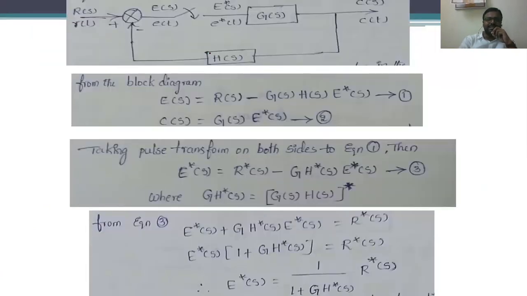Therefore, we are going to frame the relationship where E of s is R of s minus G of s into H of s.